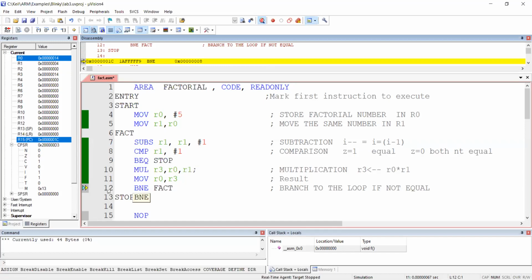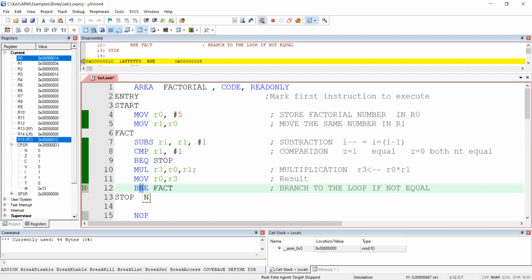Line number 12 tells us to go back to fact, line number 6, only if not equal. Is the condition followed or not followed?